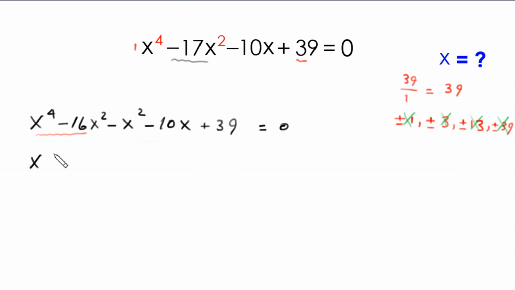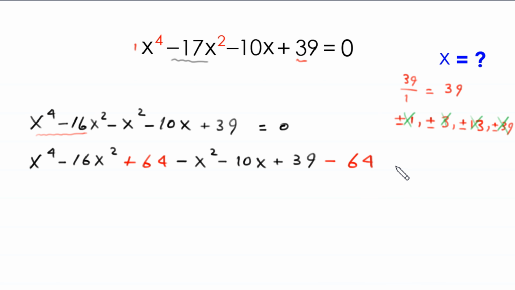This will become x to the power 4 minus 16x squared, we add here 64. This remaining expression negative x squared minus 10 times x plus 39, and we subtract 64 is equal to 0.